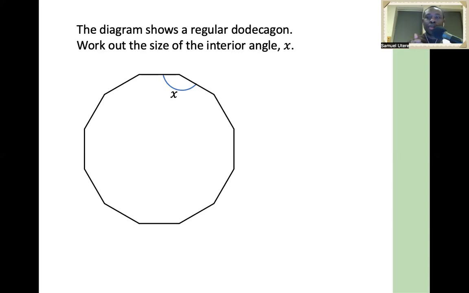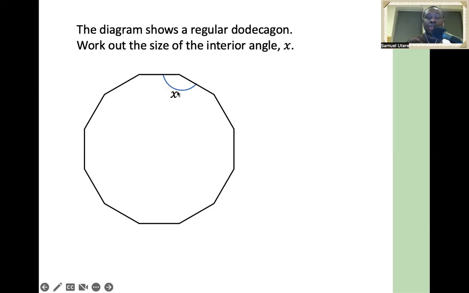Step 2, you divide the sum of the interior angles by the number of sides. So if you think about it, if we find the sum of the interior angles, they are all equal, of course, it means we have just found the sum of all the 12 angles.